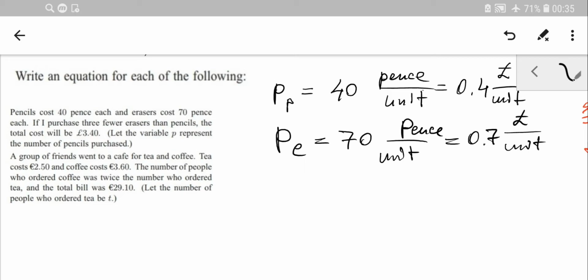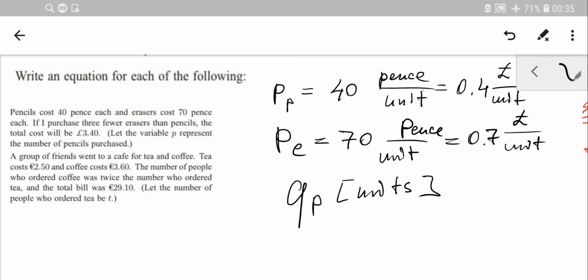Okay, what I can write: 3 fewer erasers than pencils. If you mark the quantity Q of pencils as QP, that means units. How many erasers do you need to buy according to the task?